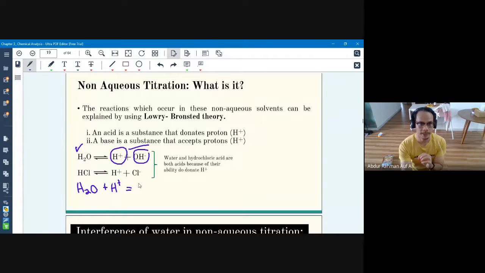Dia boleh hasilkan hydronium ion, H3O plus. So they also can behave as a base. So in an acid-base titration, if this water is the stronger base, or if this water is the stronger acid, dia boleh interfere with the titration.